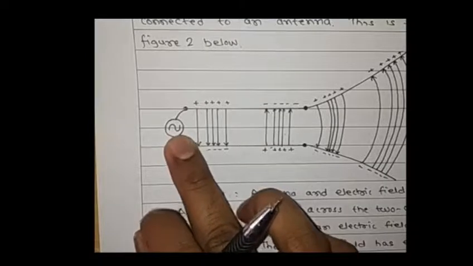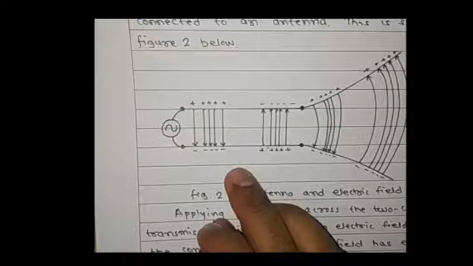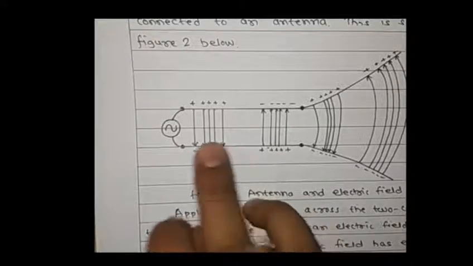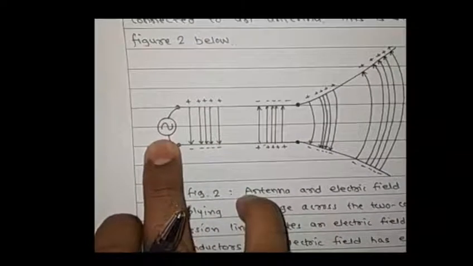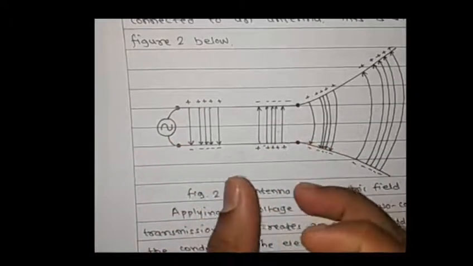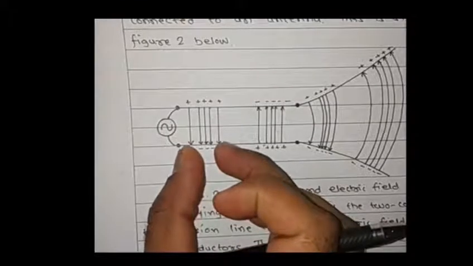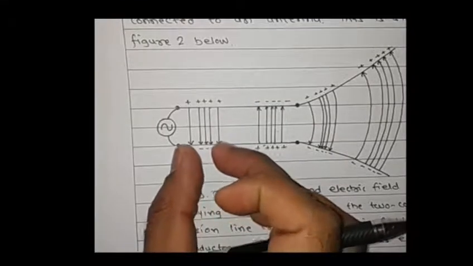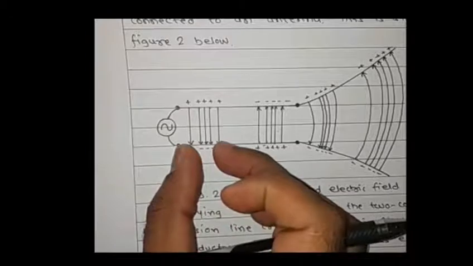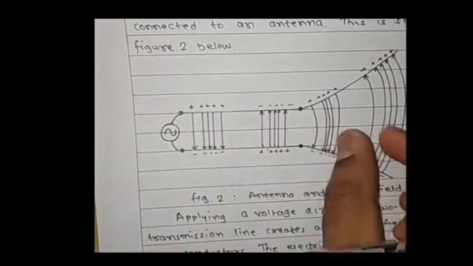therefore the electric field between the conductors is also expected to be sinusoidal, with a period equal to the period of the applied sinusoidal source. This can be considered as a bunch of electrons or a bunch of charge carriers having electric field intensities, and these bunches of electric field intensities are traveling.